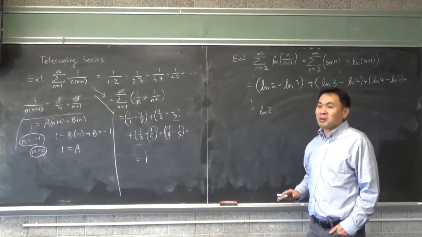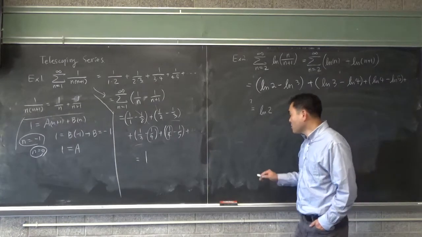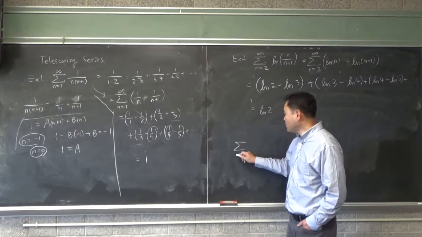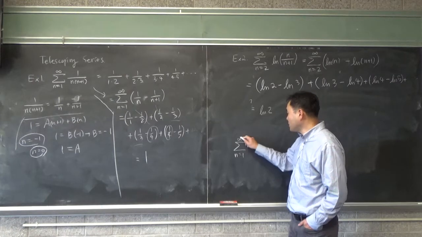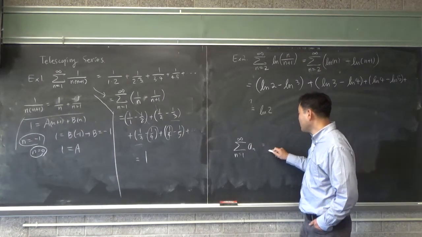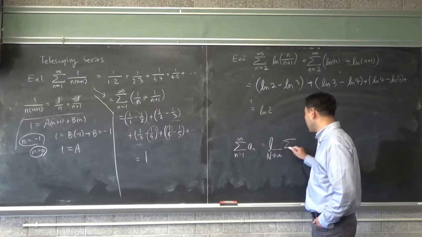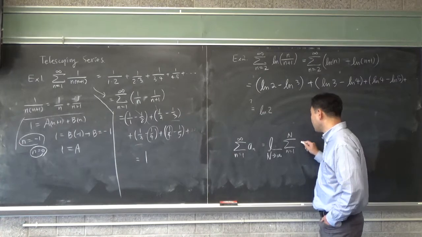But here's when the definition of infinite series comes into play. So I noted earlier that the infinite series, n from 1 through infinity of a_n, is defined as the limit of the partial sum, right? The limit as capital N goes to infinity of the sum from n equals 1 through capital N of a_n.